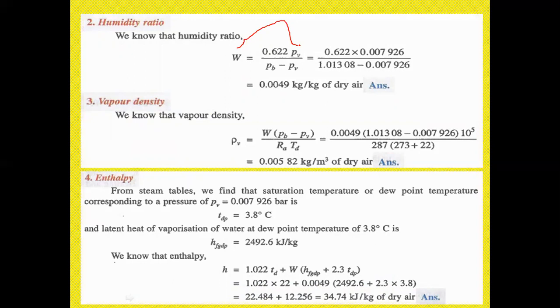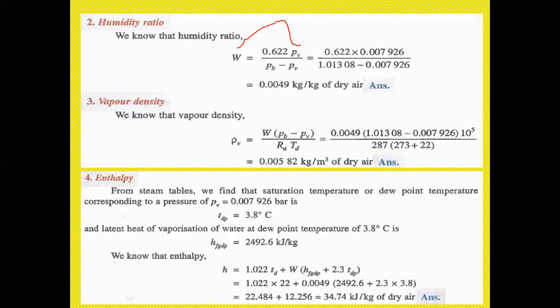That implies W is equal to 0.0049, substitute the value of PB minus PV, 10 to the power of 5, divided by substitute the value of RA 287 into TD, which is 273 plus 22. Therefore, the value rho V is equal to 0.00582 kg per meter cube of dry air.